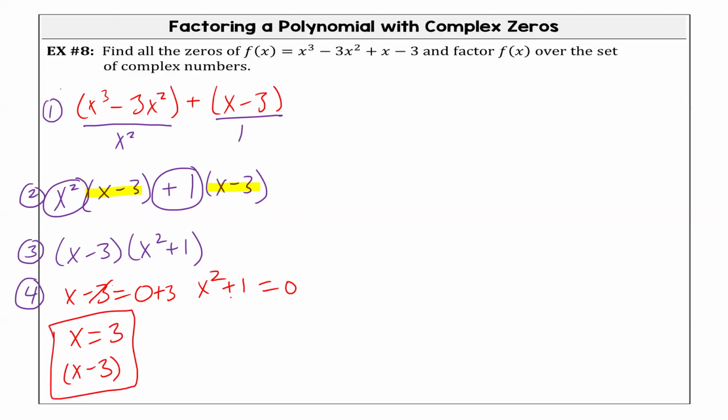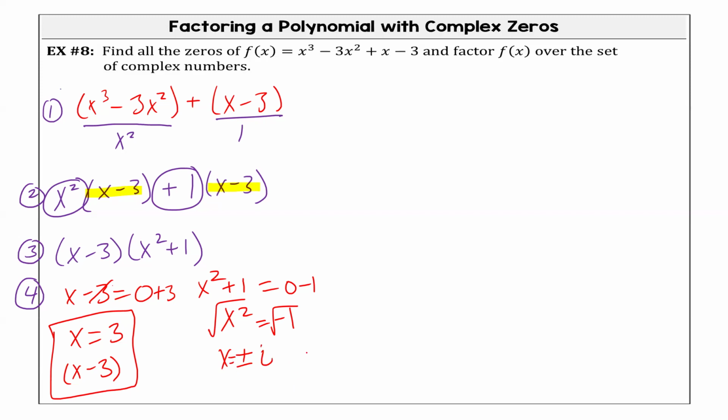On the next one, what do I do to get x by itself? Minus 1, and I get x squared equals -1. Then what am I going to do? I'm going to square root, and that gives me what? What kind of i? Plus or minus i.